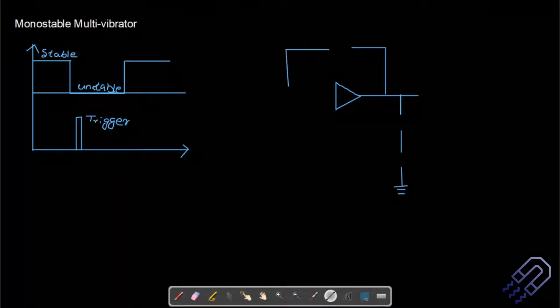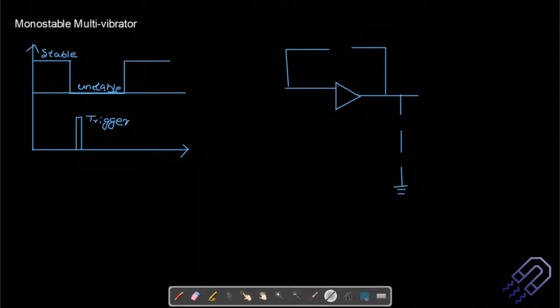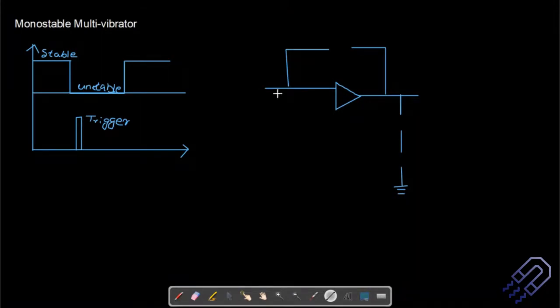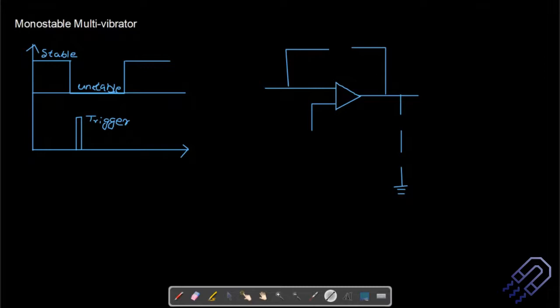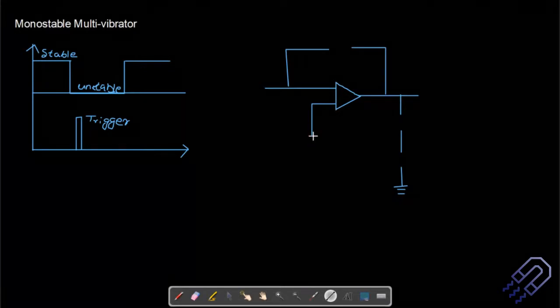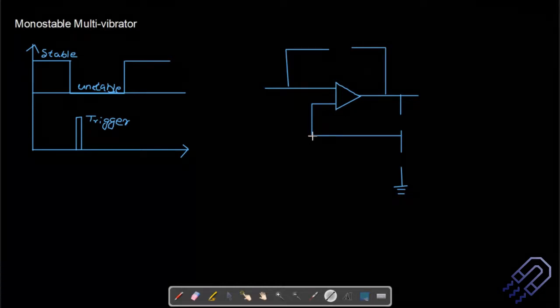Then we have this inverting terminal, and across this inverting terminal we actually have the diode getting connected. This is the non-inverting terminal. Not much of a difference. We directly connect at this particular point, and here we are going to apply a V input.